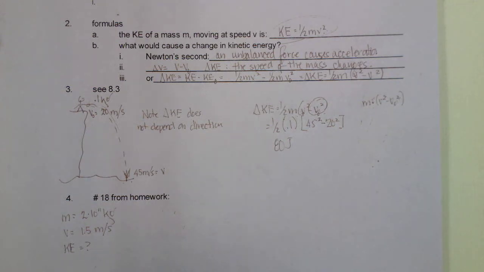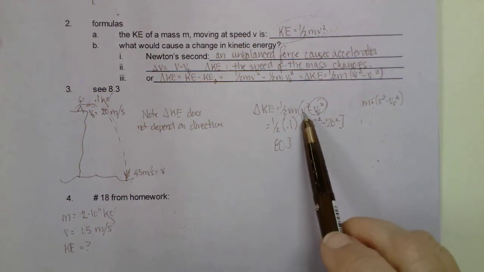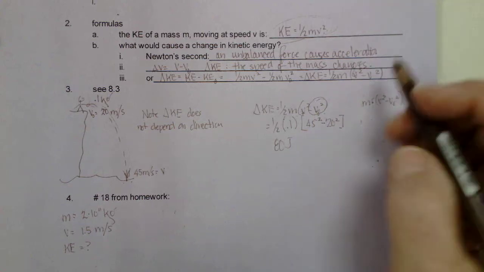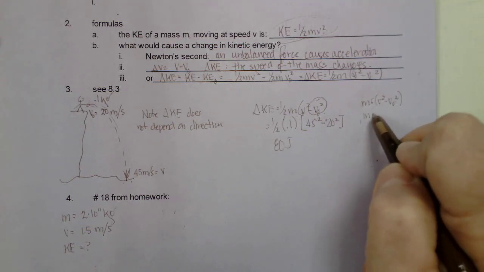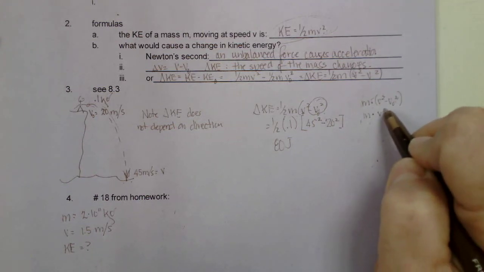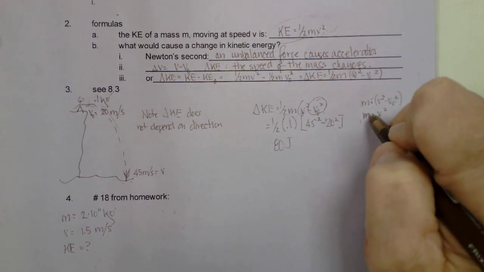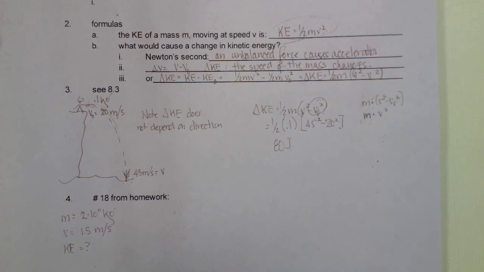If I have 4 quarts of milk and my dog eats 1 quart of milk, then how much do I have left? 4 quarts minus 1 quart, I have 3 quarts. Quart minus quart is quart. All of that to say that this unit minus this unit is going to be the same unit. So I can just do this, m times v squared, because it's going to end up being the same unit if I subtract it. So I don't have to worry about that second one.